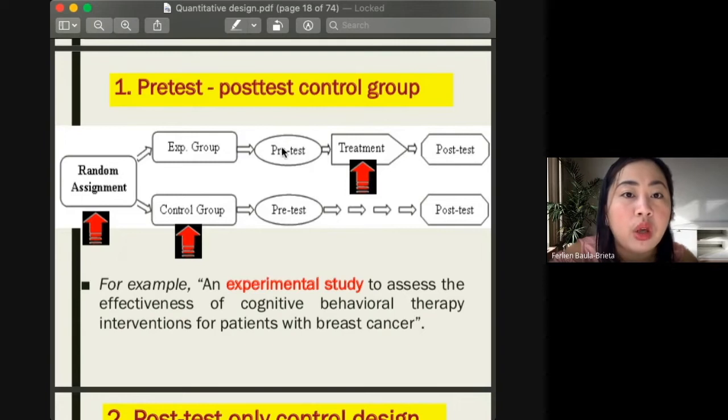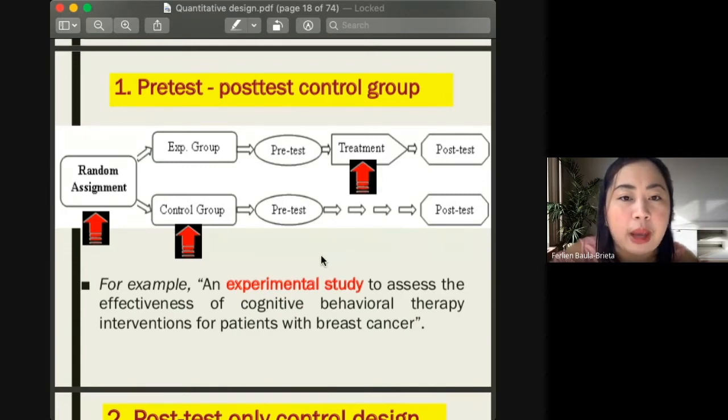So both of our experimental and control group must have a baseline, okay? And then for the experimental group, it will receive a treatment. But the control group does not receive a treatment. And both of them are going to have a post-test.